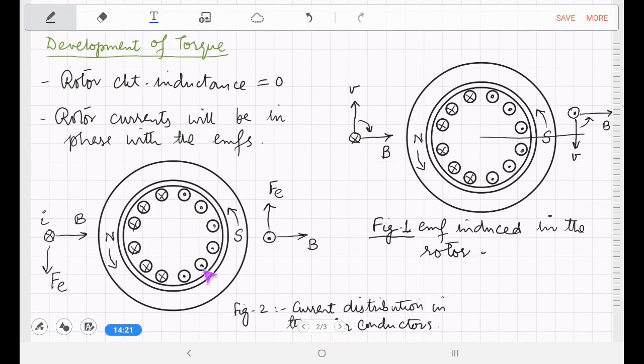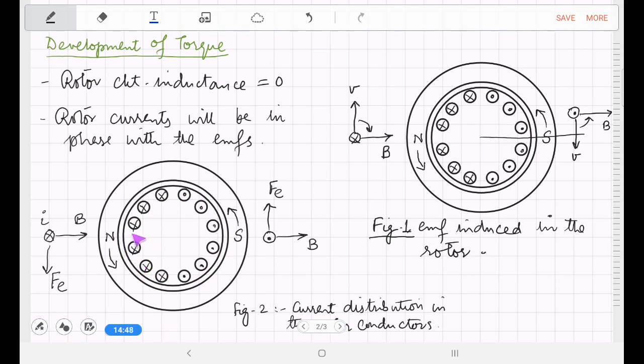Now, if we consider the rotor to be moving in the clockwise direction, we can still think of the rotating magnetic field to be moving in the counterclockwise direction relative to the rotor, and therefore the situation will be similar. As far as the direction of the torque developed is considered, the torque will still be developed in the counterclockwise direction, that is in the direction of the rotating magnetic field.